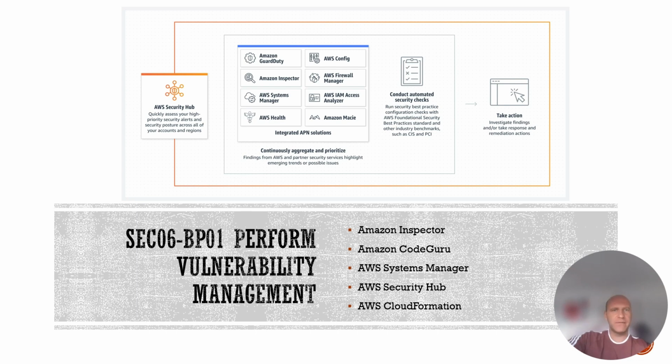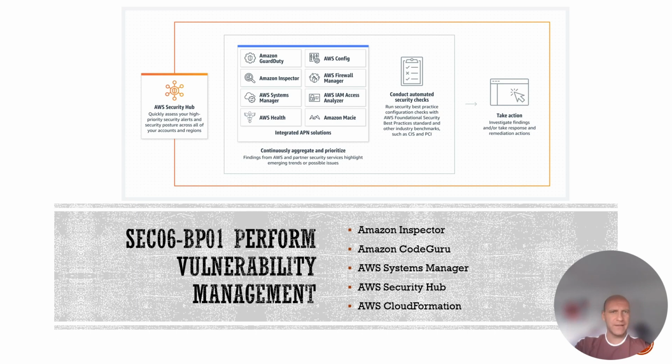EventBridge is a serverless event bus service that can route findings data to targets such as AWS Lambda functions and Amazon Simple Notification Service topics. With EventBridge, you can monitor and process findings in near real time or as part of your existing security and compliance workflows.